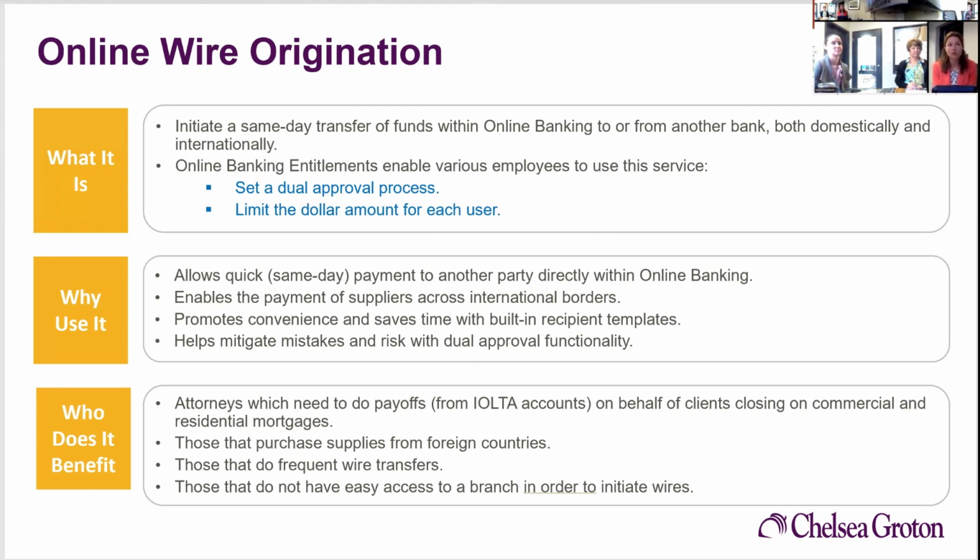So if you need to make payments based on whatever your agreements are with your vendors, where you get the invoice and you push it out that same day, this would be something you might want to consider. But otherwise, ACH origination is going to be probably more cost-effective as well as more of a day-to-day capability as opposed to wires. Wires are more of a special situation where you really need to push them out of your account on a frequent basis.